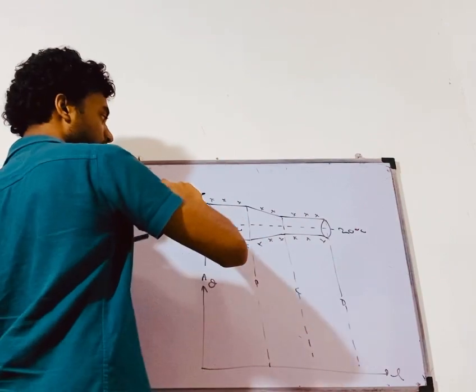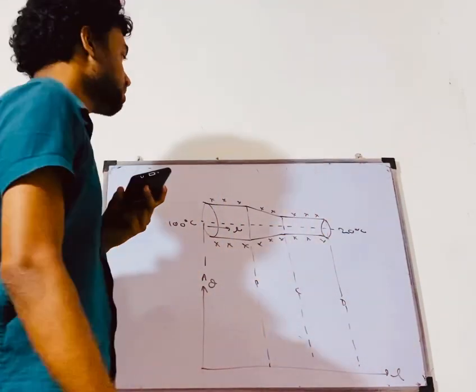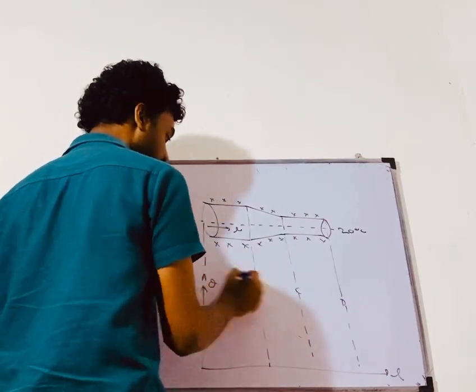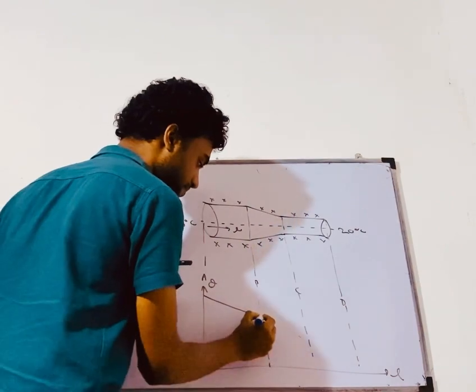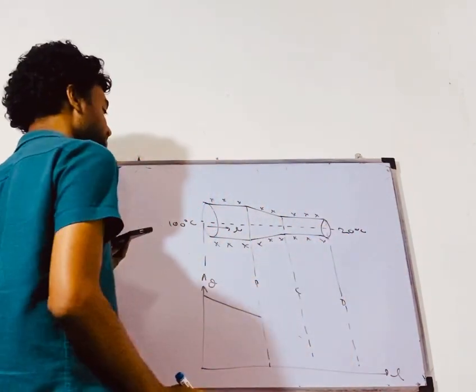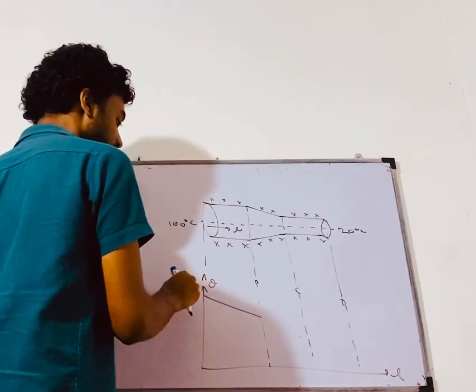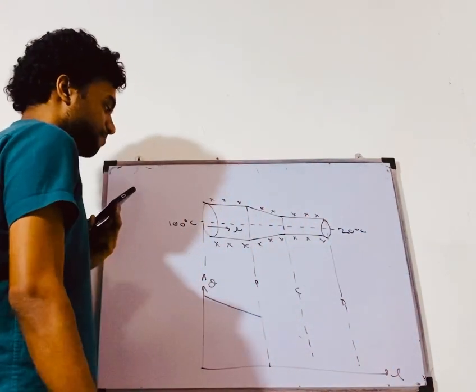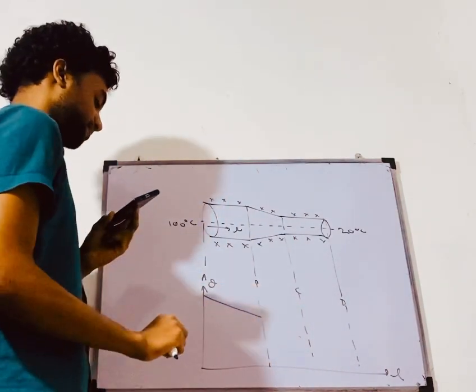So can you see the cross-sectional area is decreasing? That means the gradient should be increasing along the length. But in the region AB, the gradient should be constant. Heat passes in this direction, and the temperature is decreasing along this direction at a constant rate. The temperature gradient is constant.